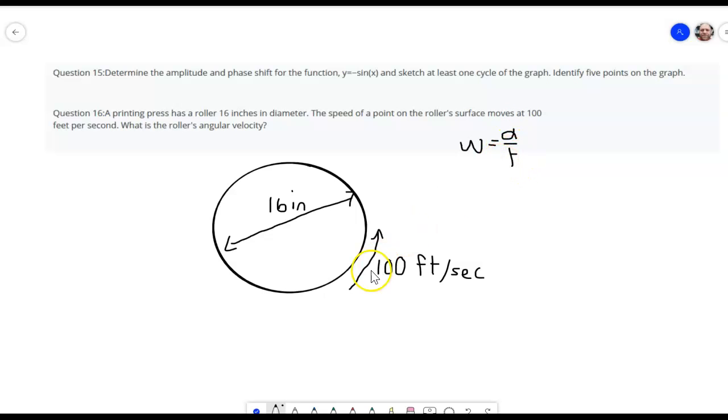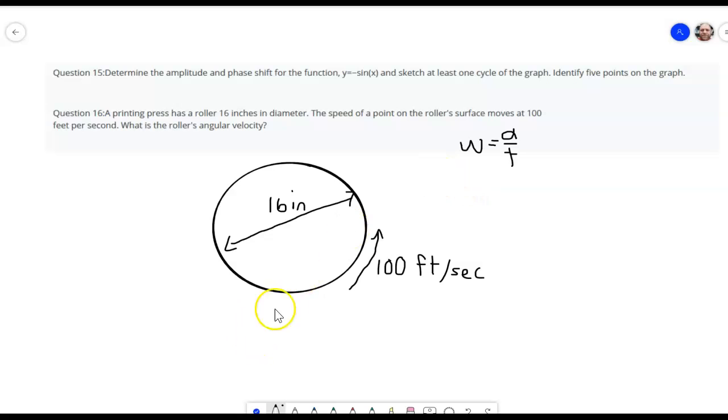So what angle did it go over the amount of time it took to go that angle? That's the central angle there over the amount of time. So we really don't know how many circles it went over how much time, because it really just gives us speed here. So we really have to use another method in order to find this.